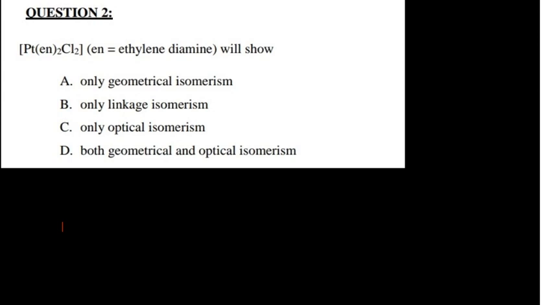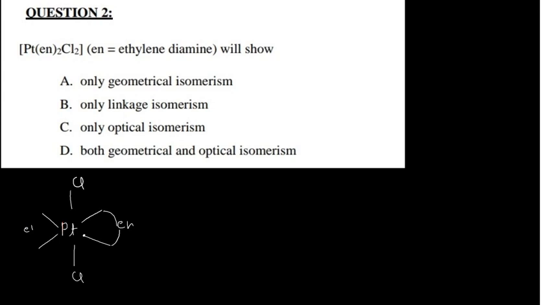You can put platinum in the center, right? And then you will put two chlorines trans to each other, and ethylene diamine you will put here and connect it just like that.